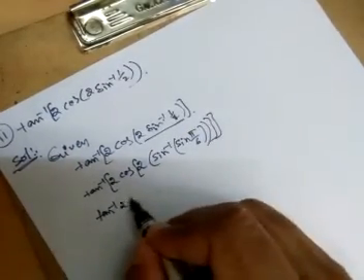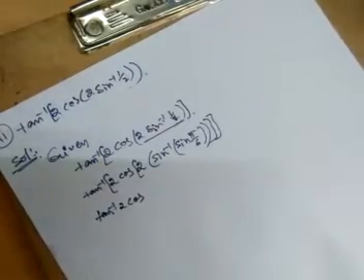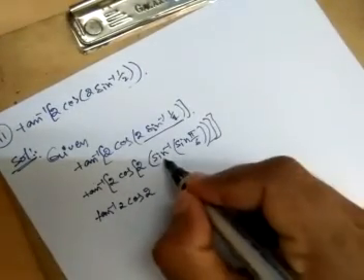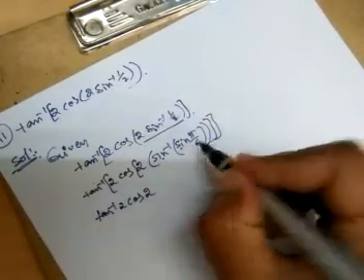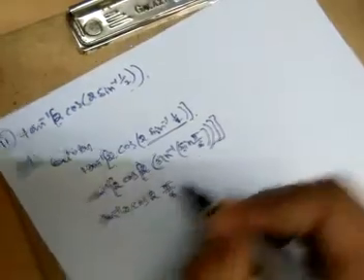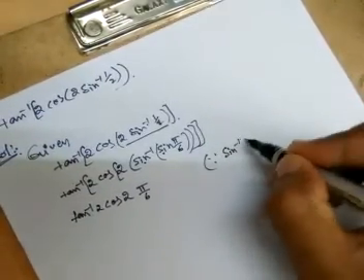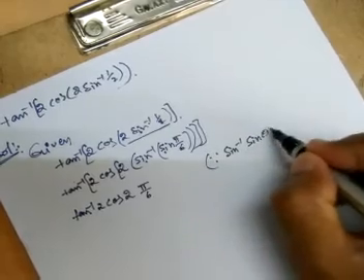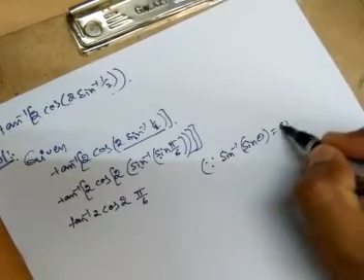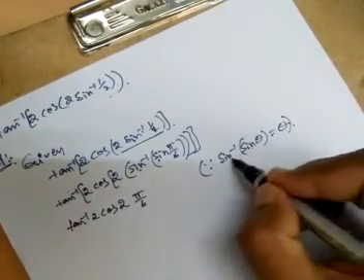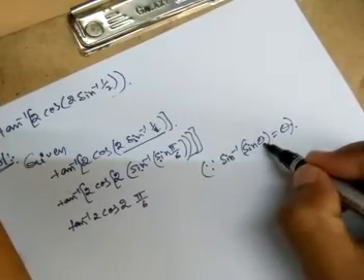Tan inverse of 2 cos of 2 into sin inverse of sin theta. We got theta, since we know the formula sin inverse of sin theta gives theta. Sin inverse gets cancelled. The remaining value is theta.